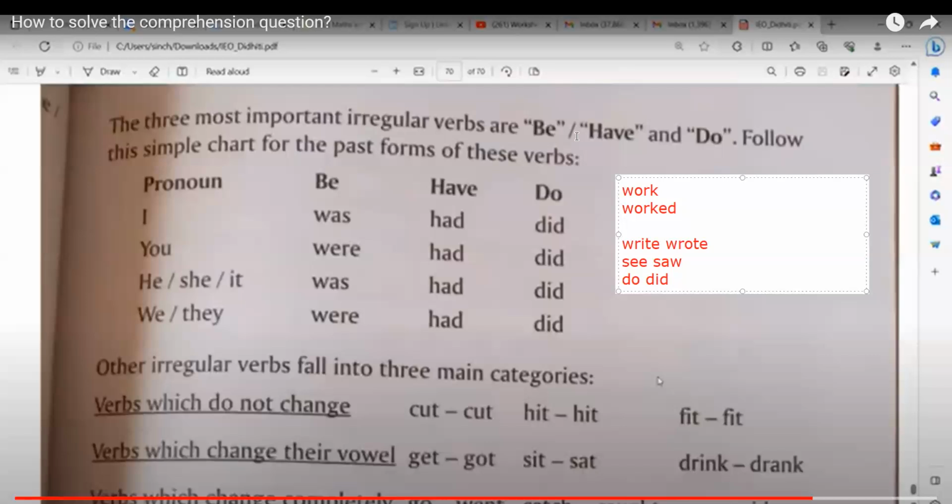Very good. Excellent, Amatu. Yes, Rajdeep, can you make a sentence with they and did?